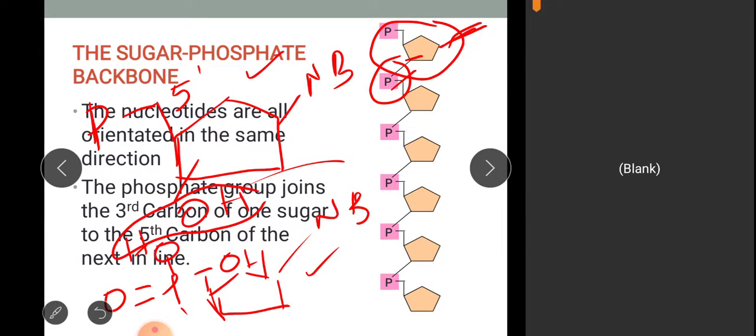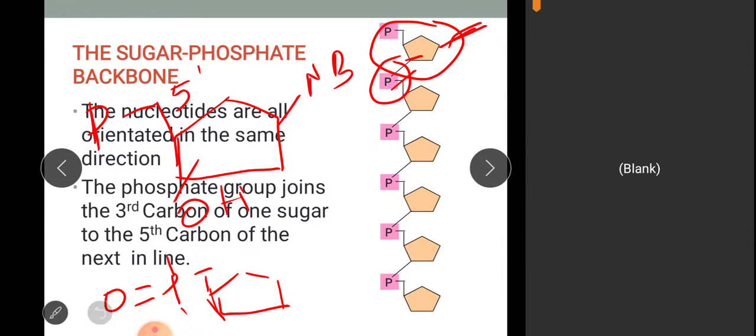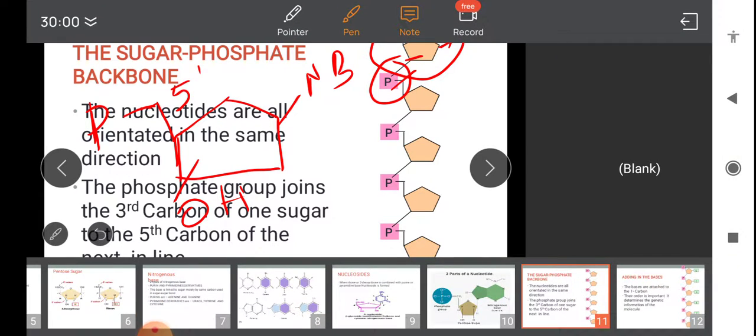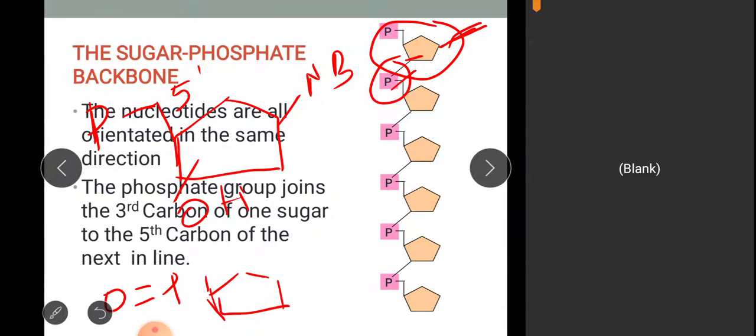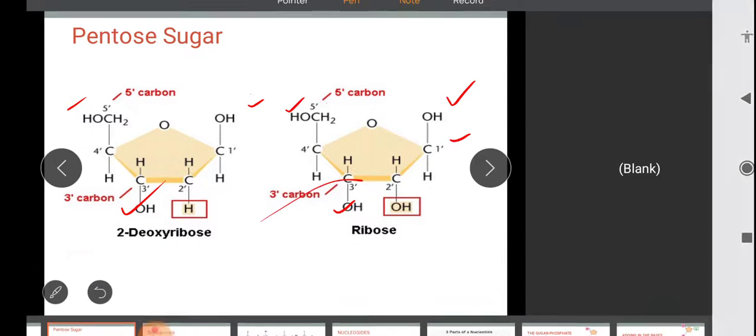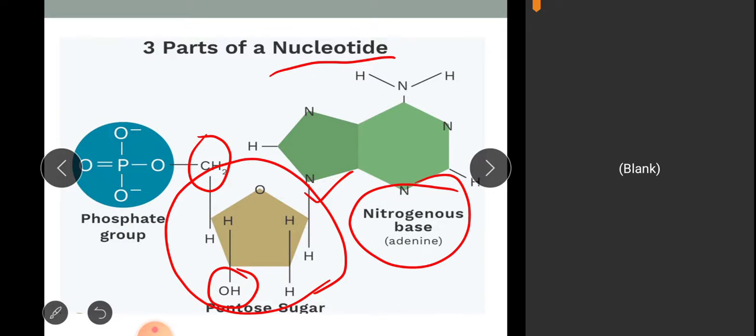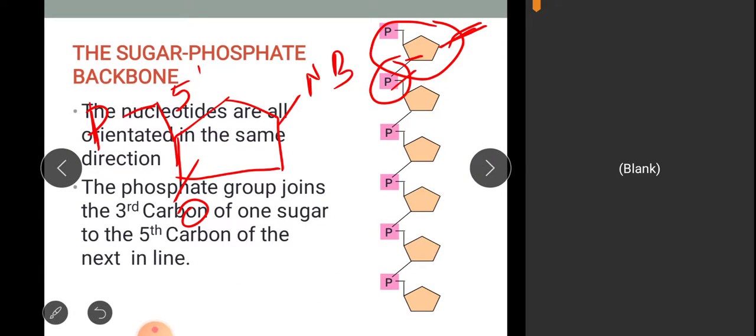Oh, actually I can add a figure here. Just wait.